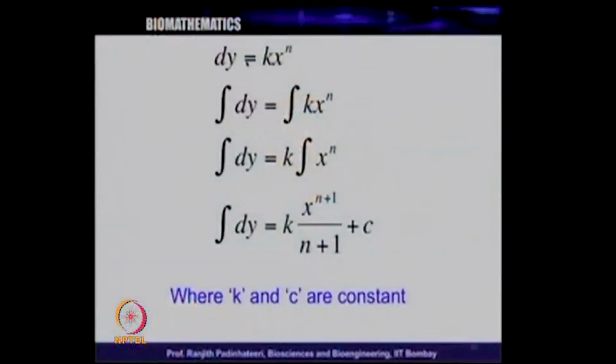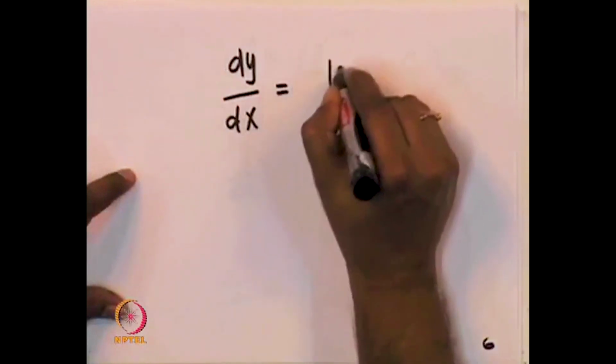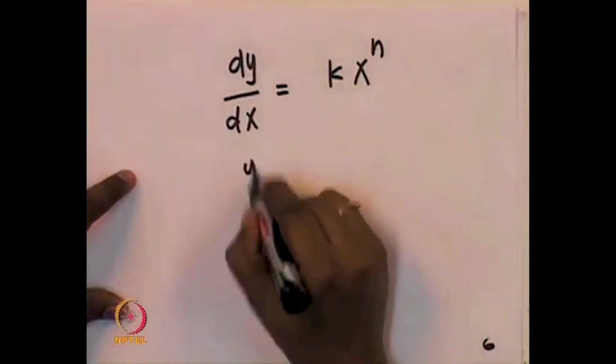We can do similar things here, but just before that, we have to know one more thing: if we have dy by dx is k x power n, then what is y?